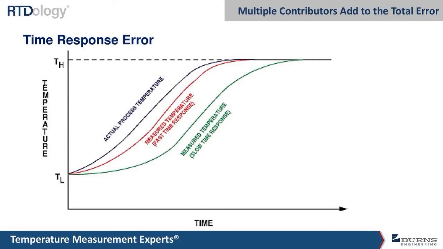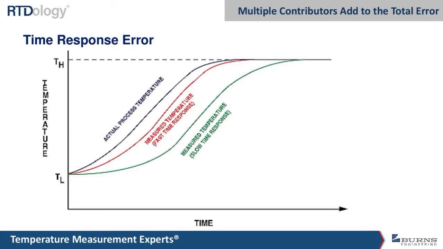If it's not responding quickly enough, let's say the temperature starts to go up and the temperature probe takes a couple minutes to respond to that, you're going to go way over temp before the controller notices that, yep, I've got to turn the heating down.